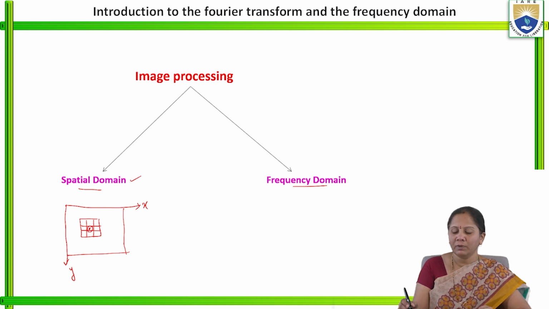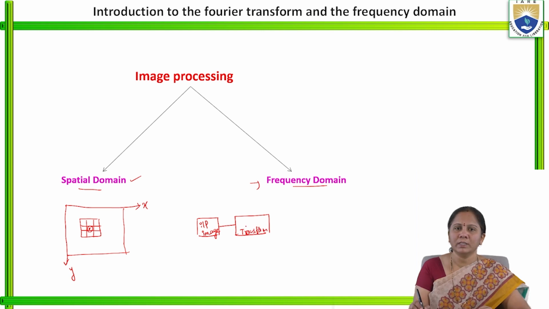Now, how the operation is performed in the frequency domain: first we will have an input image, and to that input image we have to apply some transform. The basic transform we will use is the Fourier transform, that is, the discrete Fourier transform.